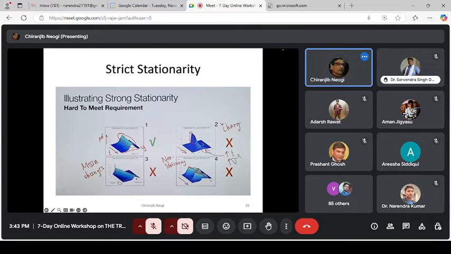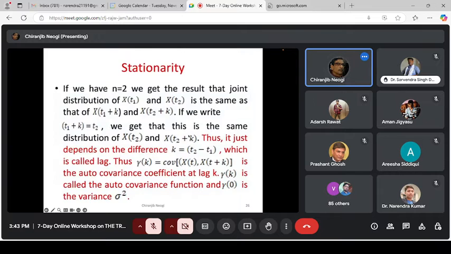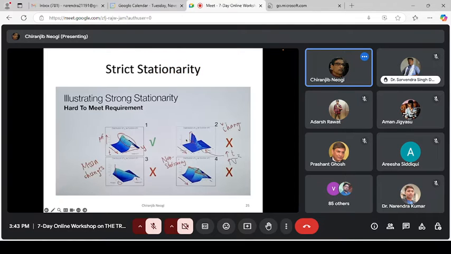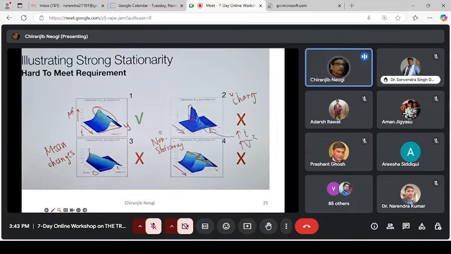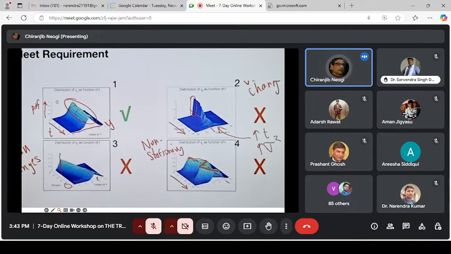Now, in this panel, you see this is a joint distribution of a particular y. Here it is the time, and this is the distribution of y.